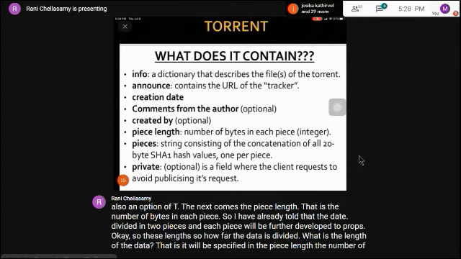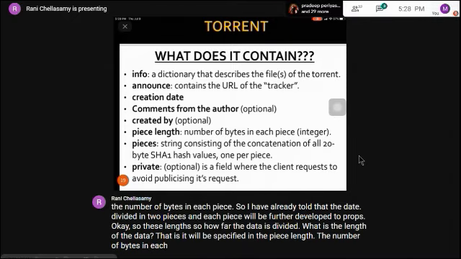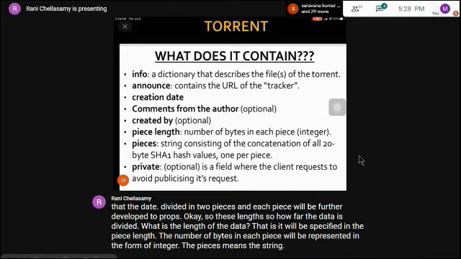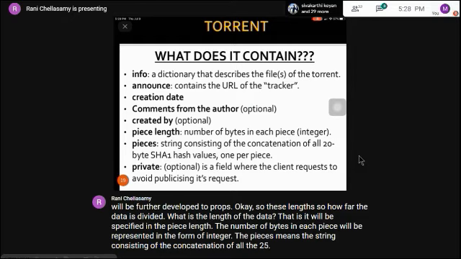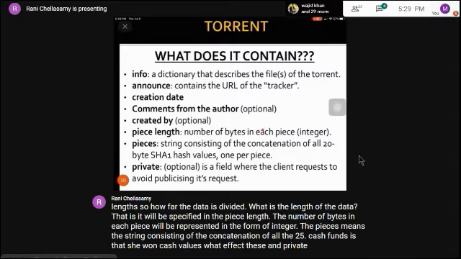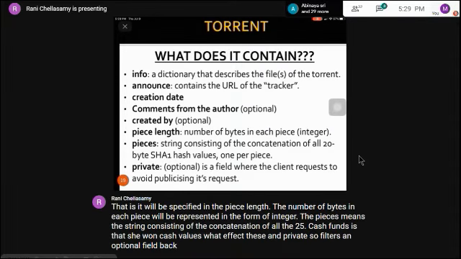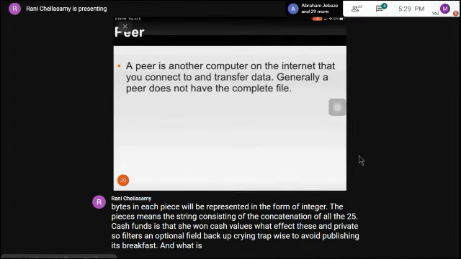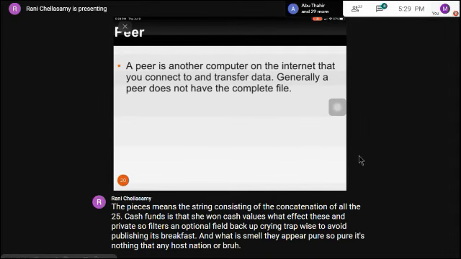The number of bytes in each piece will be represented as an integer. Pieces is a string consisting of the concatenation of all the 20-byte SHA-1 hash values, one per piece. And private is an optional field where the client requires avoiding publishing its request. And what is a peer? A peer is nothing but any host machine or a computer. It may be a client.